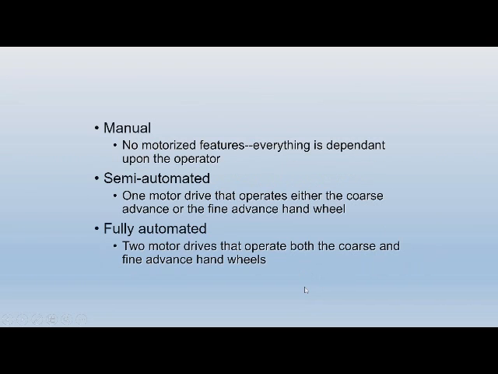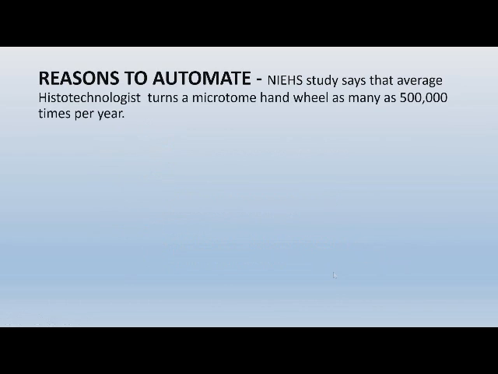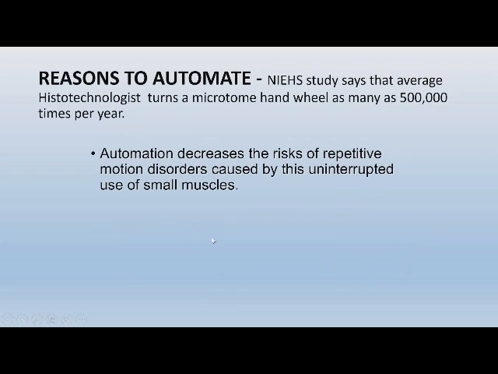Reasons to automate, real quick. You've got manual, semi, and fully automated. NIEHS, the National Institute of Environmental Health Sciences, and NIH say that a histotechnologist turns a microtome hand wheel as many as 500,000 times a year, and probably some of you out there turn it a lot more.